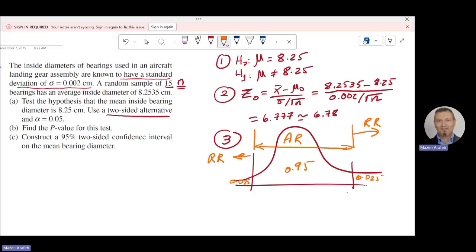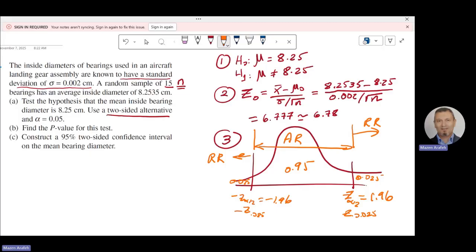My critical values are Z alpha over 2, which is Z 0.025, equal to 1.96. This we can get from the tables. And minus Z alpha over 2, by symmetry, is equal to minus 1.96.